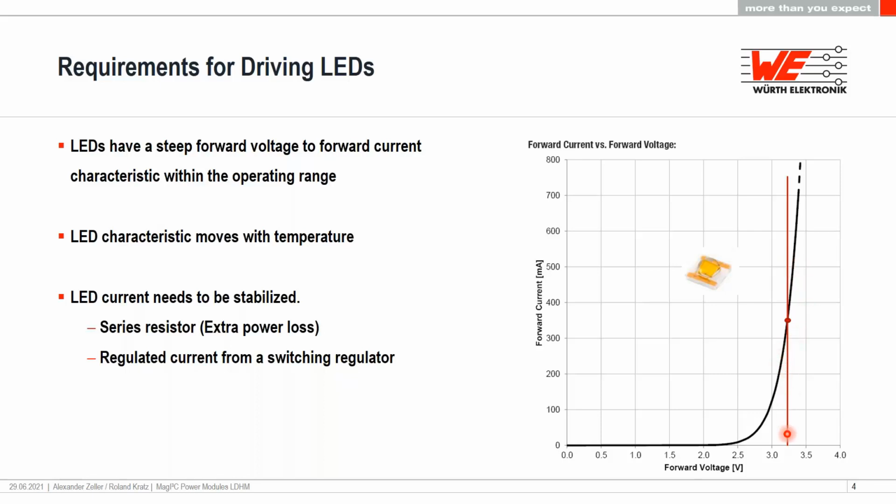And also, if you manage to have a really fixed voltage applied, the LED characteristic, which is drawn here in black, moves also with temperature. So the best way is to stabilize the LED current.